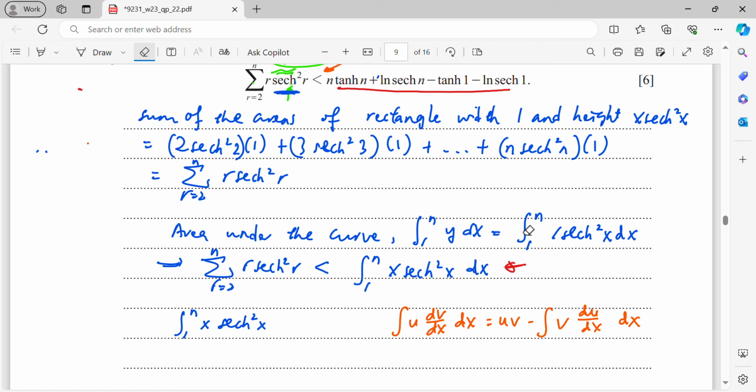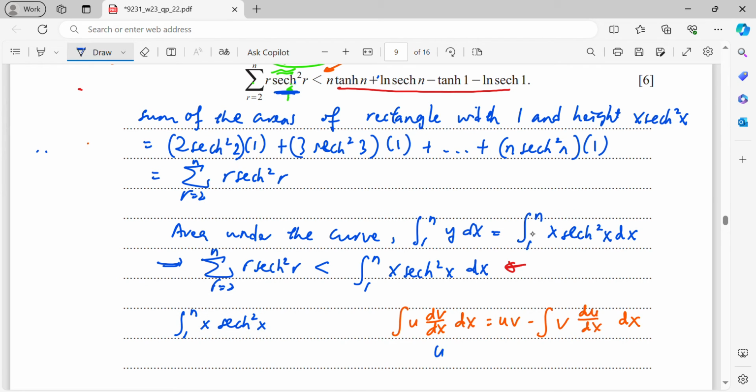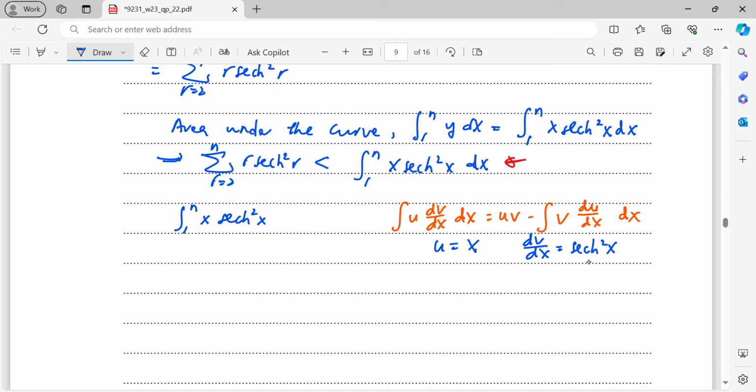So from here, I will just write my u is x, and then my dv/dx is hyperbolic secant squared x. Then here my du/dx is 1. My v, when you integrate this hyperbolic secant squared x, is basically hyperbolic tangent x.